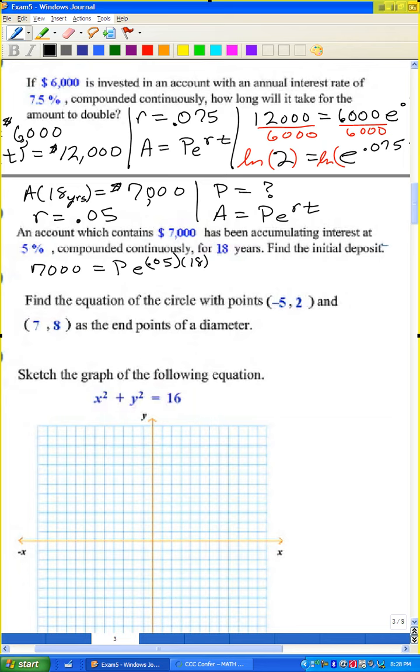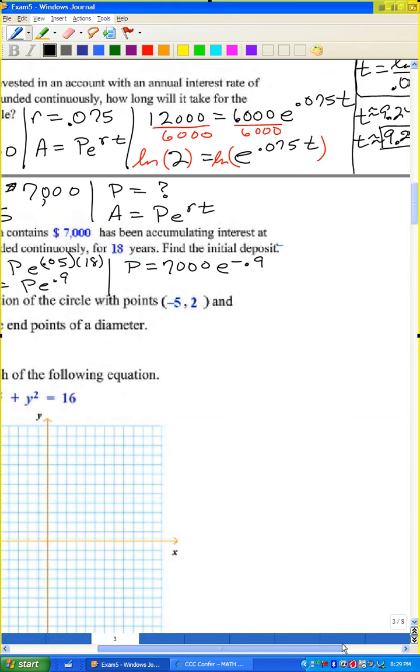So 0.05 times 18 is 0.9. Divide both sides of your equation by e to the 0.9. And so P is equal to 7,000 divided by e to the 0.9, same as 7,000 times e to the negative 0.9.